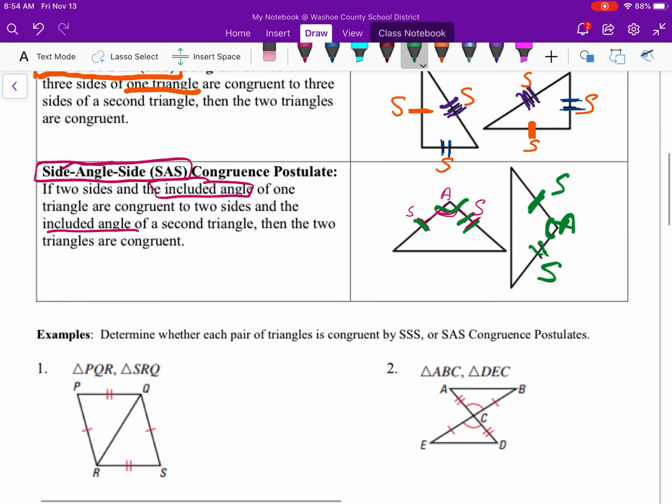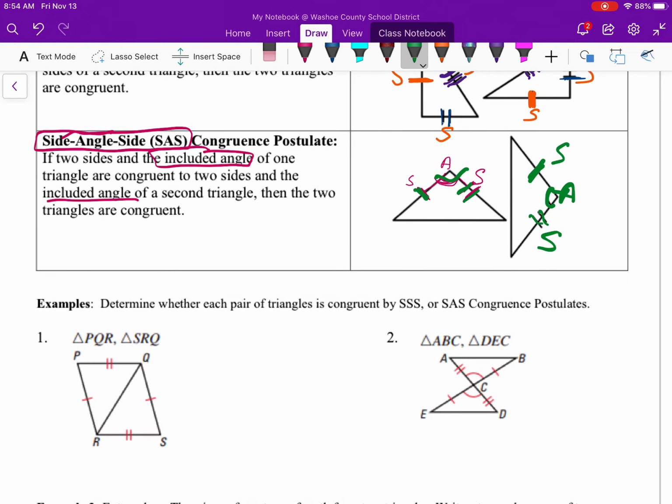Okay, so let's see if we can identify given these two pictures. Determine whether these triangles are congruent by side-side-side or side-angle-side. Looking at the first picture on the left, I have a side here marked with 1 mark, so I know these two sides are congruent to each other. Then I have this side over here marked with 2, which means it's congruent to this one over here.